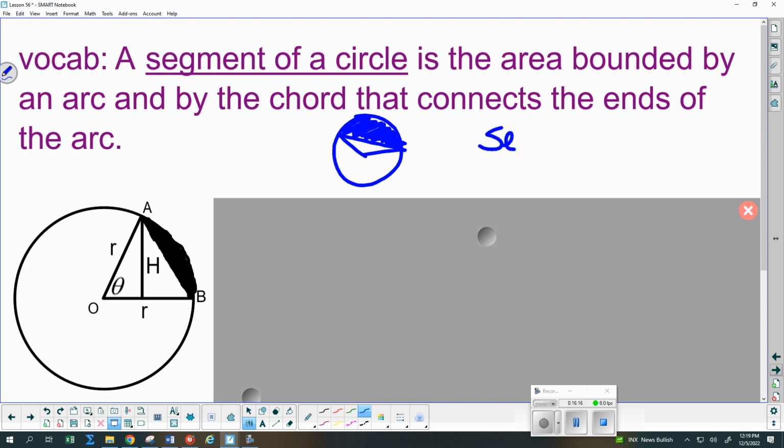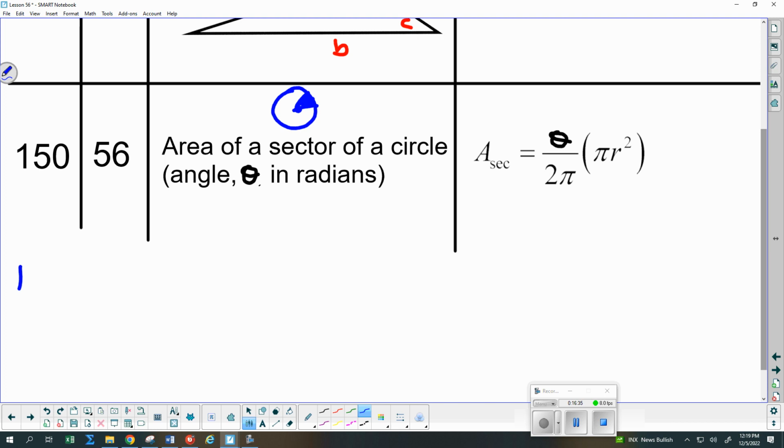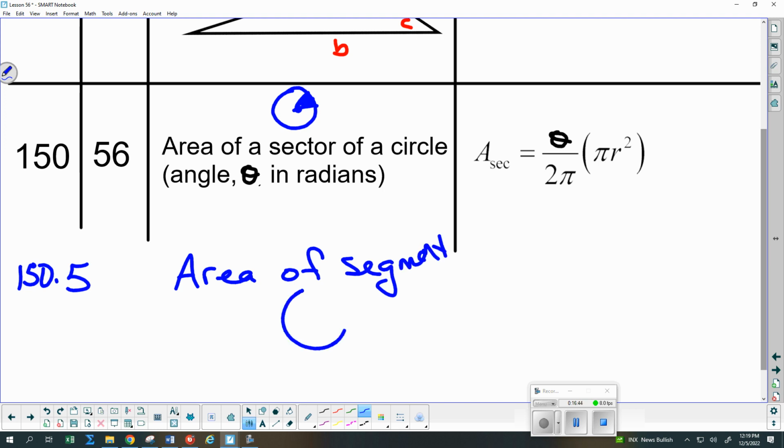Is everybody good with the sector minus the triangle would give us that shape? If we took the whole piece of pie and then we took away the triangle, we'd just have that segment. If you think it would help you to add that as a formula and a half or something, if you want to say the area of a segment, and maybe even draw yourself just a little sketch like that to help you keep straight what's what.